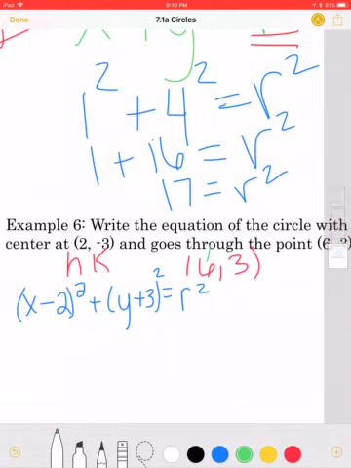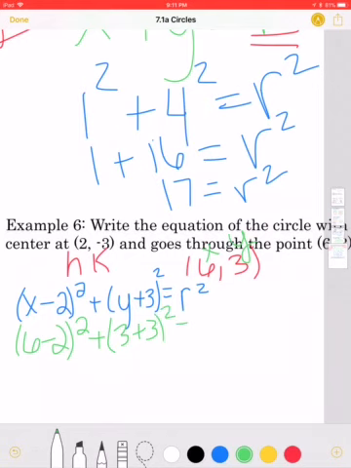So again, I can use this x and this y to plug in here. So I have x is 6, 6 minus 2 squared plus 3 plus 3 squared equals r squared. The goal is to solve for the r squared.